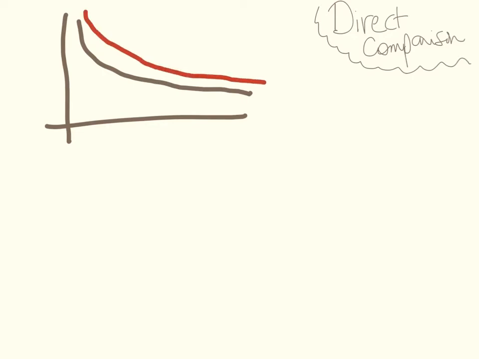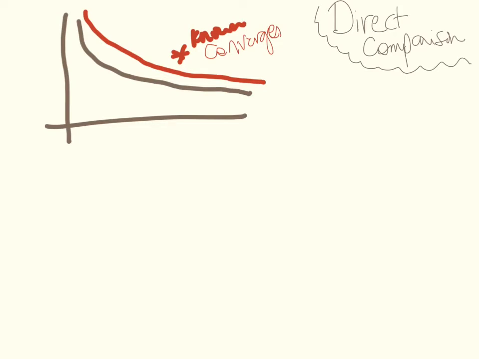Because if this one, the red one, is known to converge, and it is bigger than the one you are trying to figure out, then by logic, this brown one also converges. So that is the way the first one works.